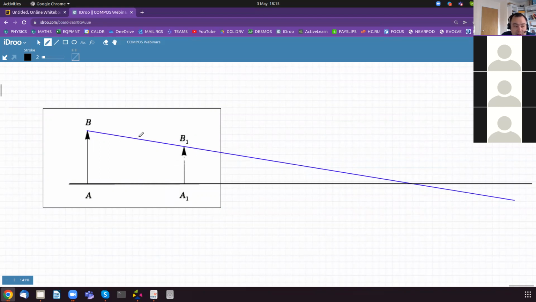That means that light goes like this, and then reflects from the mirror back to B1, and here the same thing, reflects back. So this is the center of curvature. Let's call it O, center of the mirror. Okay, so we use the first ray.